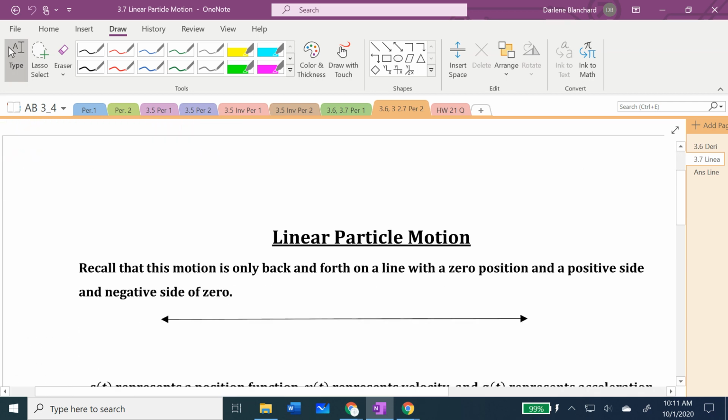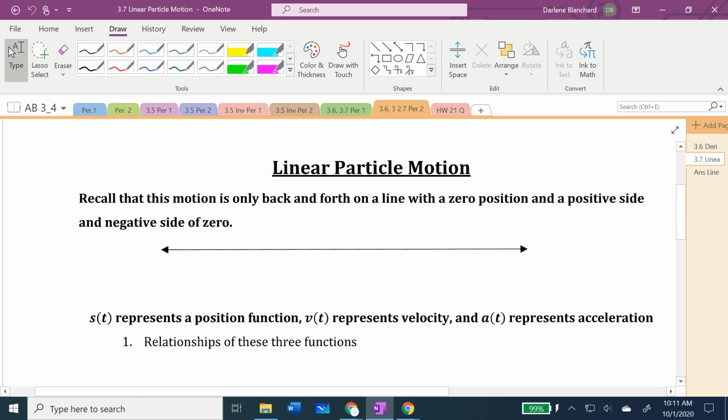Here we go. So first, recall that the actual motion when you're dealing with linear particle motion, hey, you came back, the actual motion is only back and forth on a line. It could be a horizontal line like I have drawn here, but it could be a vertical line. It could be some diagonal line. But there is a 0 point, there is an understood positive side and an understood negative side.